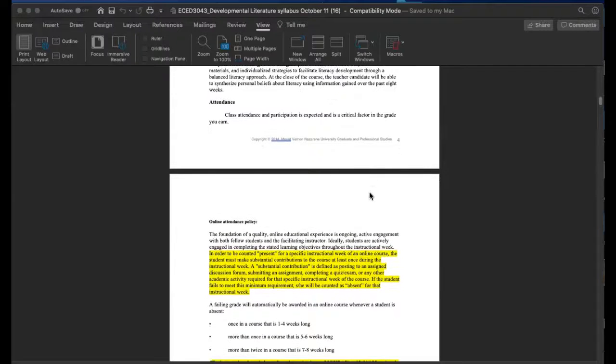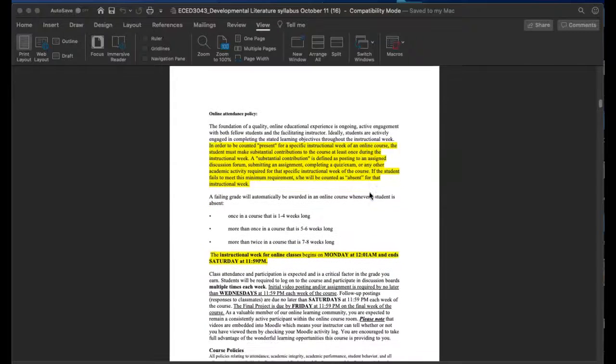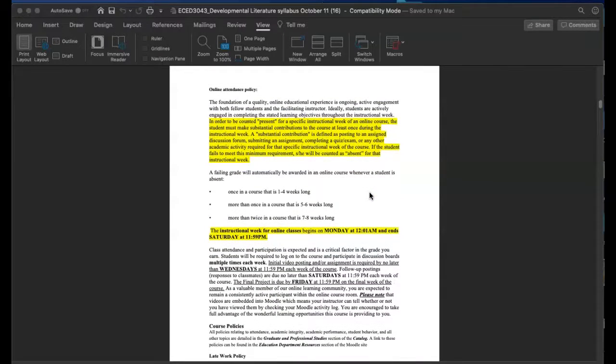Attendance. Your participation and attendance is expected and is critical for your grade. Many of you have already taken an online class at MVNU, but if you haven't, in order to be counted present for a specific instructional week of an online course, you must make a substantial contribution to the course at least once during the instructional week.